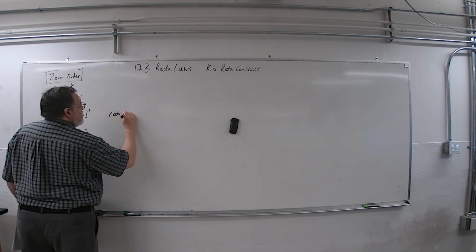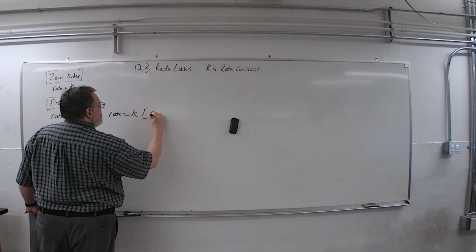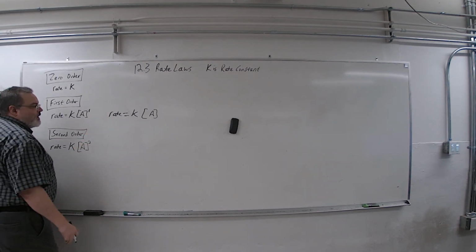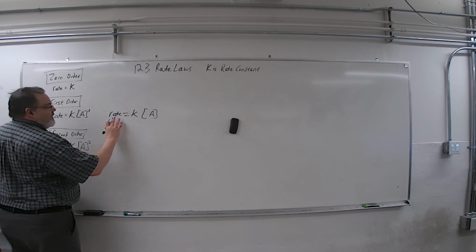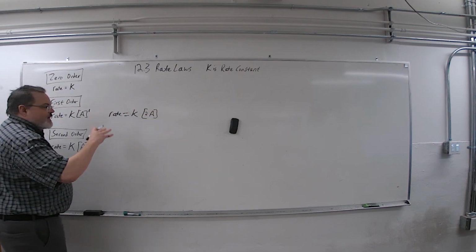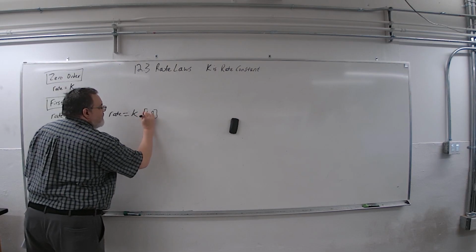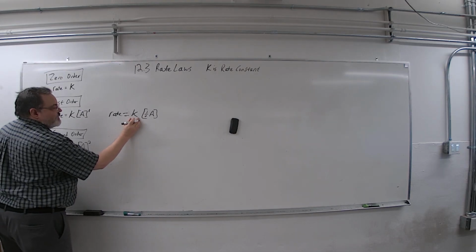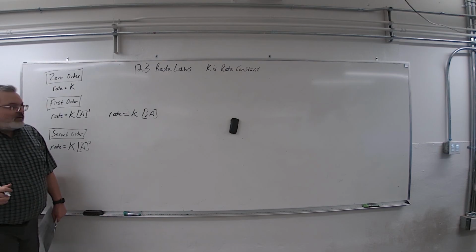Considering the rate, here's my rate constant, and I have concentration of A, and there's a 1 here, I don't even have to write the 1. If this doubles, or let's say it cuts in half, so I multiply that by 1/2, and this is a constant, what does that do to the rate?